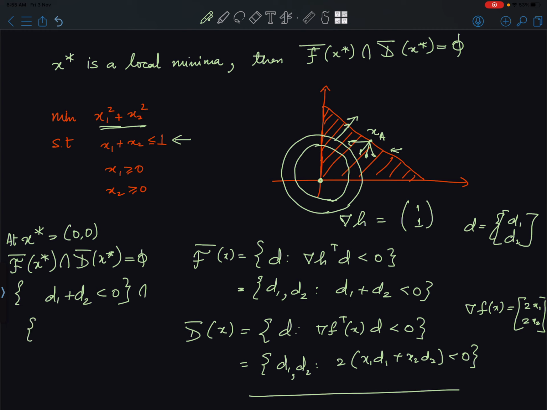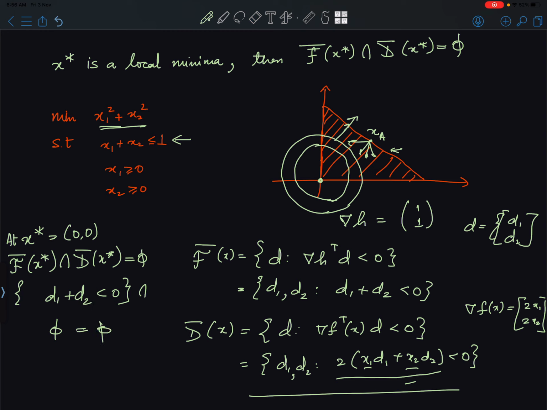So basically at x star equals 0 comma 0, this particular term and this particular term will make the entire thing 0, and thus making d bar a null set basically. So this obviously will give me a null set.